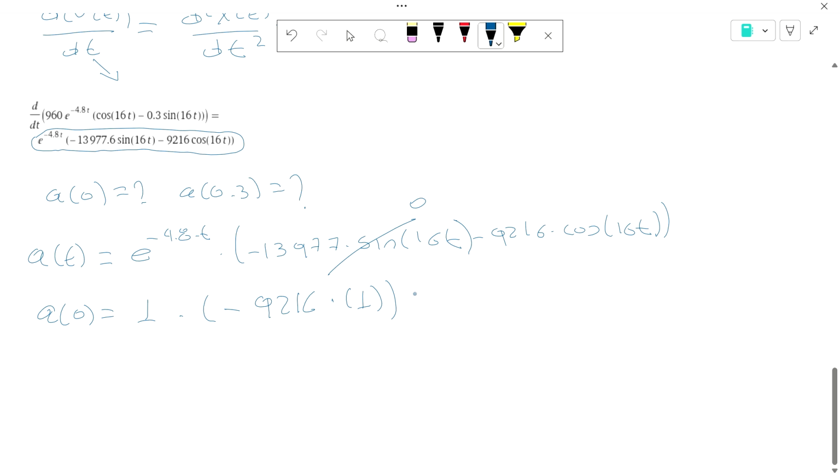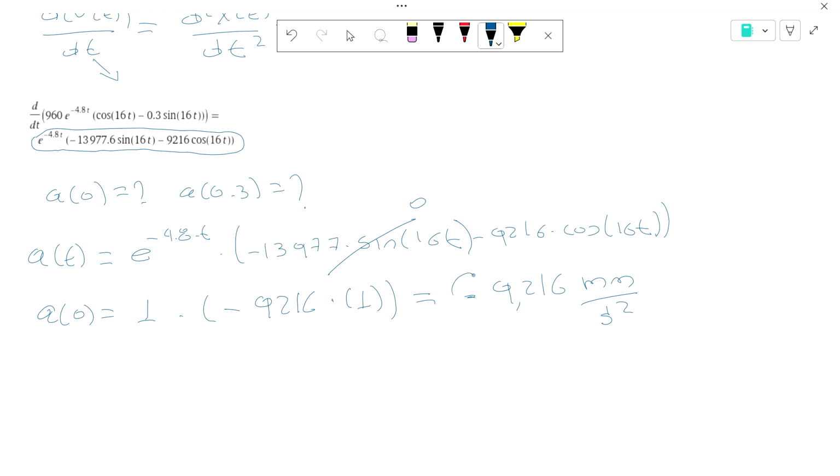This is pretty interesting. If you notice, the acceleration is negative 9216 millimeters per second squared, so almost 9 meters per second squared.